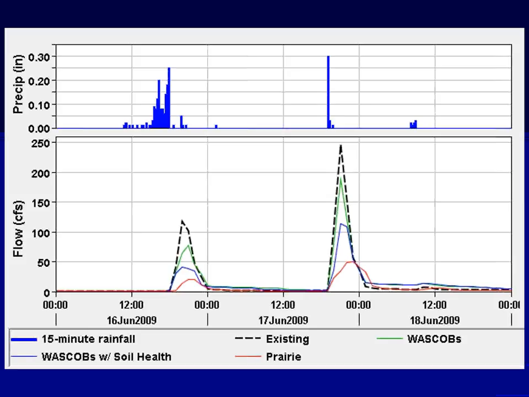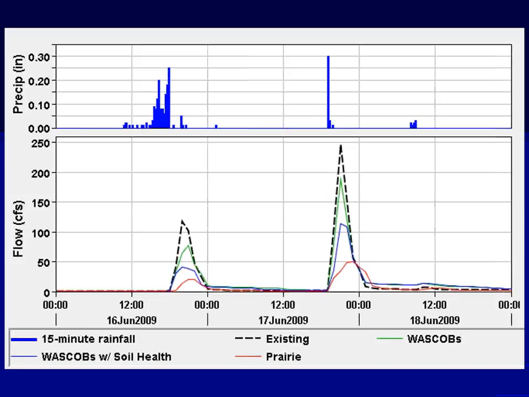I'm not suggesting that we go back to prairie conditions. To me, that's not the long-term goal in this watershed. But as we look at the results, the green hydrograph is the results of those 12 wash stops.